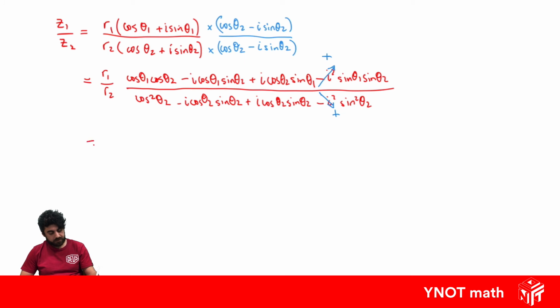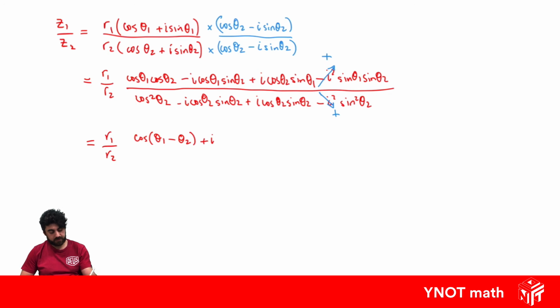So let's see what we're left with. We're left with r1 over r2. Now, looking at the real parts together in the numerator, we're going to have cos theta 1 cos theta 2 plus sine theta 1 sine theta 2. That actually equals cos of theta 1 minus theta 2. Now our next two terms, let's factorize out the I. And let's think about this term being first. So we have cos theta 2 sine theta 1 minus cos theta 1 sine theta 2.